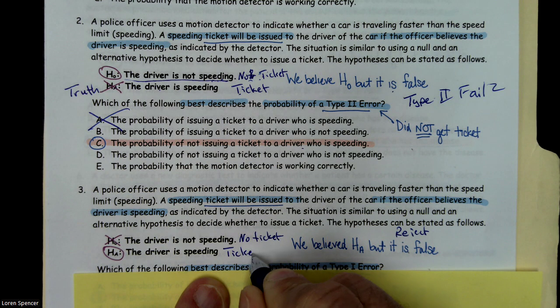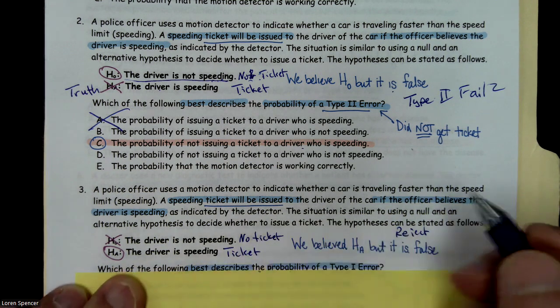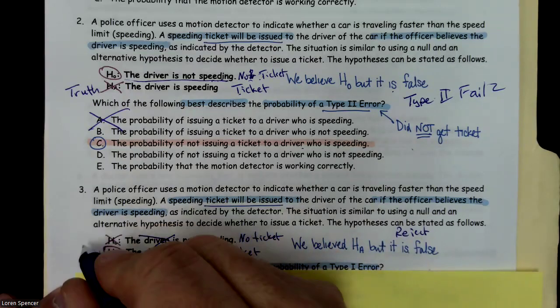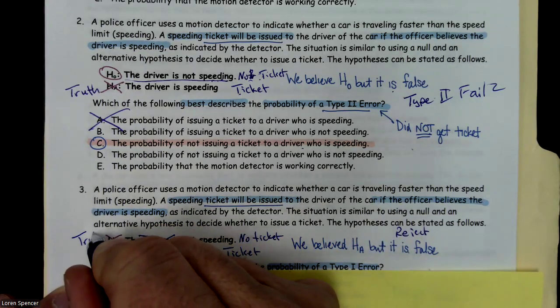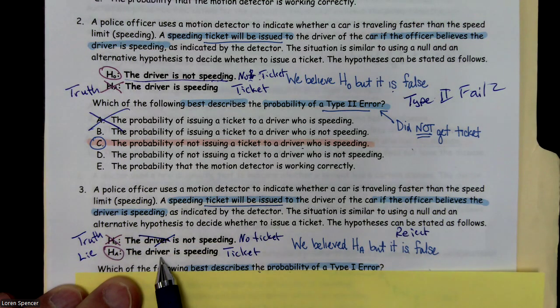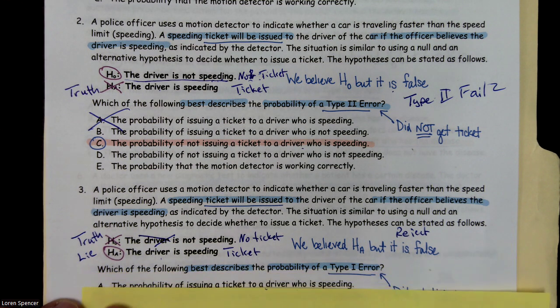With the type 1, we reject this, but it was the truth. This is the lie. So we believe the driver is speeding, but they're not, and we made an error and give them a ticket anyway.